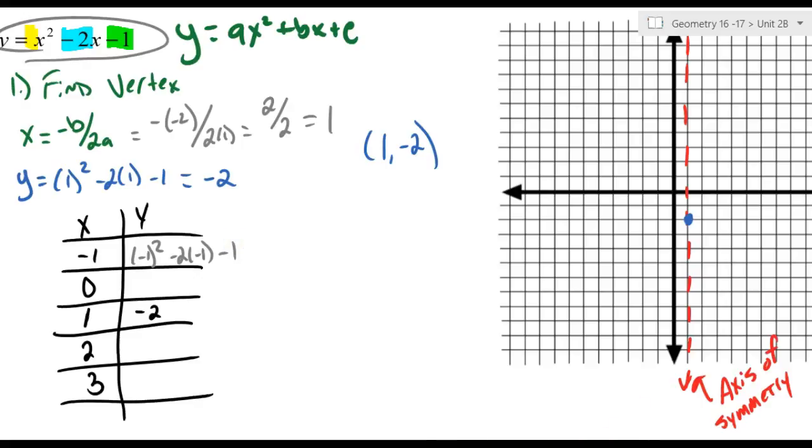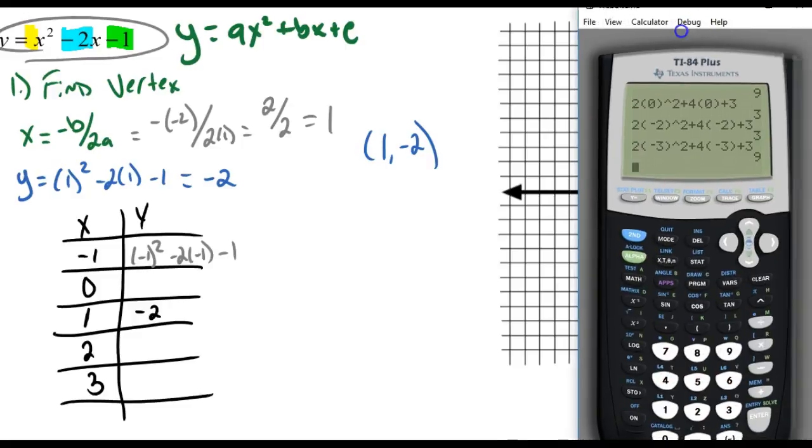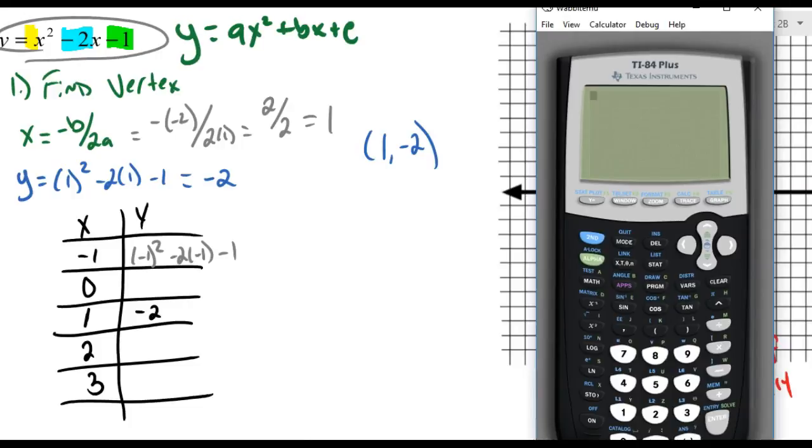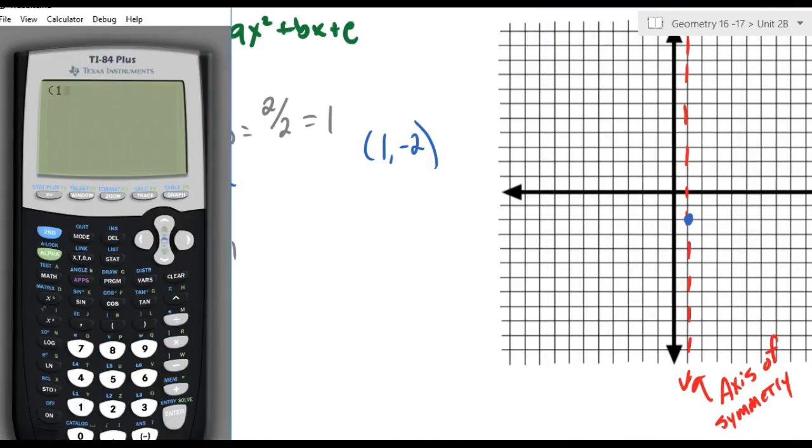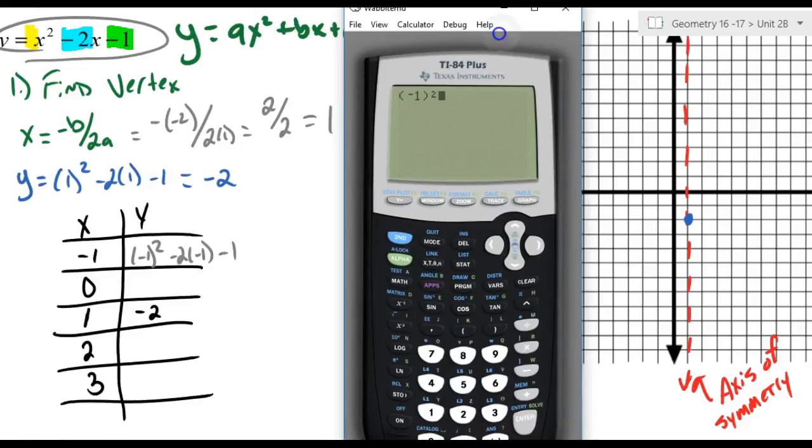Now a trick for these is using our calculator. When we use our calculator, we're going to start with parentheses, negative 1, close your parentheses, squared, minus 2 parentheses, negative 1, close your parentheses, minus 1.